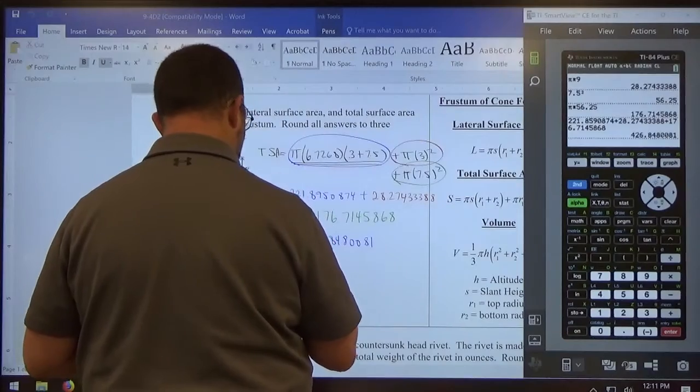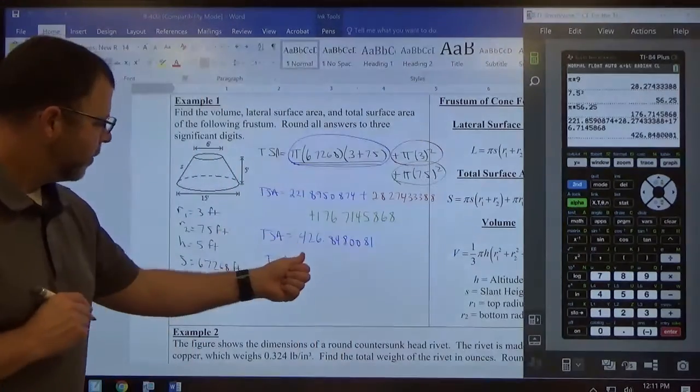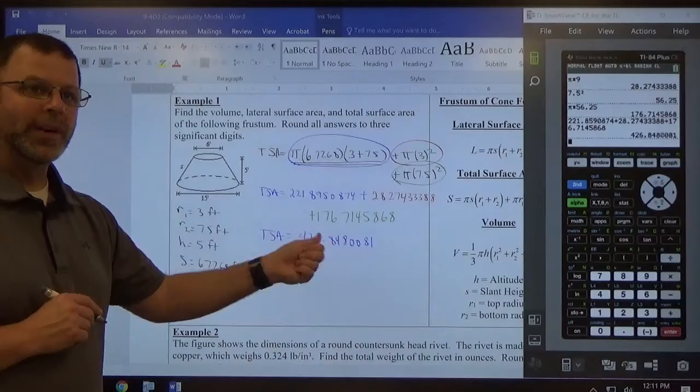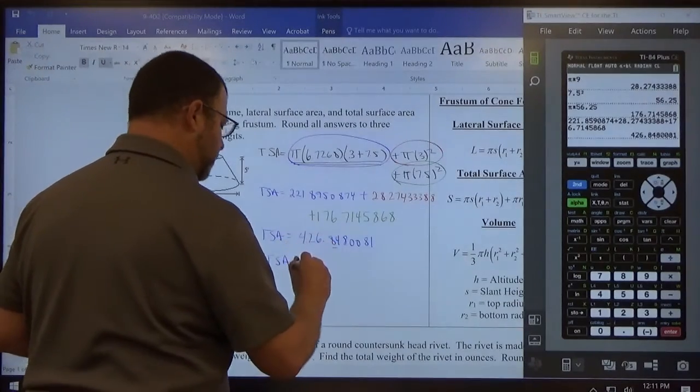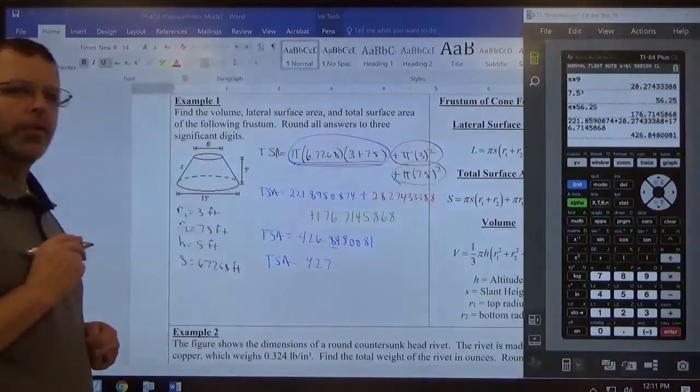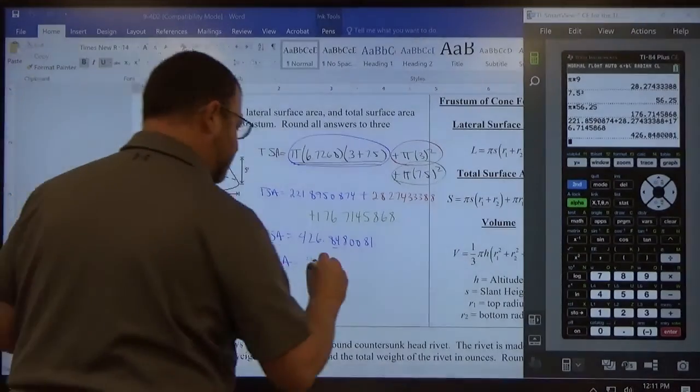So the total surface area rounded to 3 significant digits is 427, because that 8 makes the 6 go up 1. No zeros, so that is all significant, so that's 427 square feet.